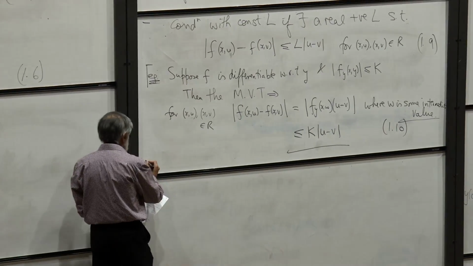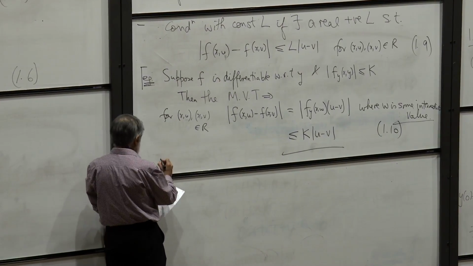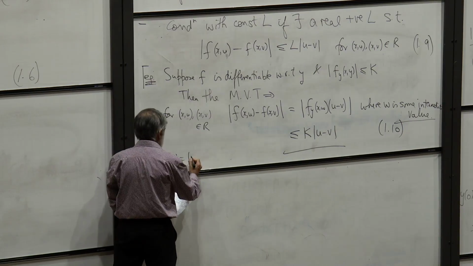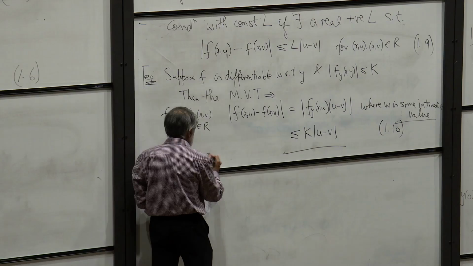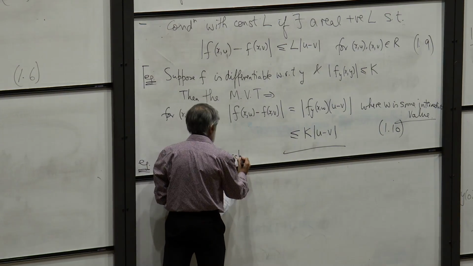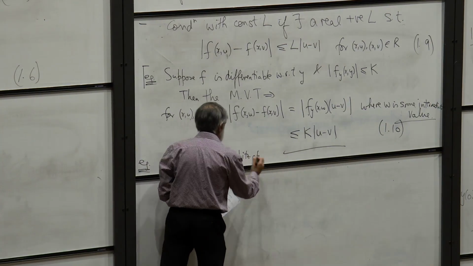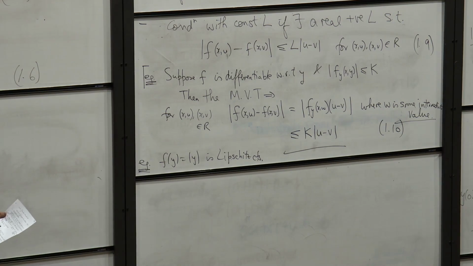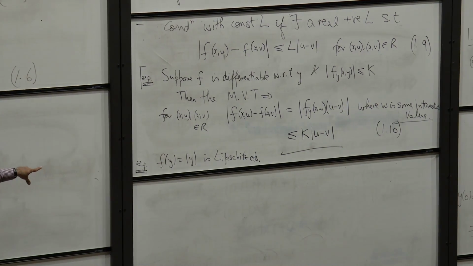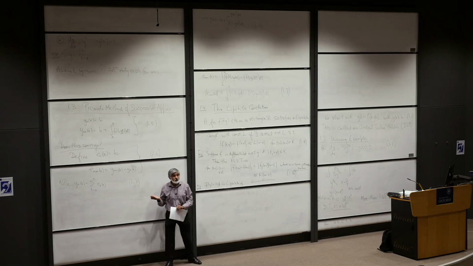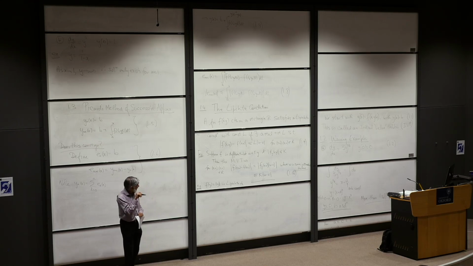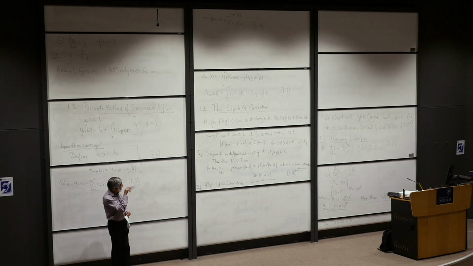But notice, as another example, f of y equals mod y. I'll leave you as an exercise to show that this is Lipschitz continuous. It's continuous, and it satisfies the Lipschitz condition. In fact, L is just 1 for that. The modulus of f of x, u minus f of x, v would be just the modulus of u minus v, so L is 1.